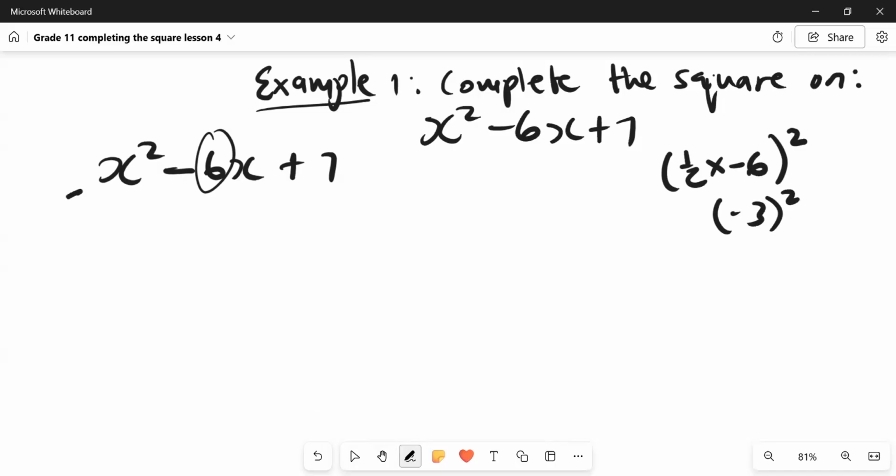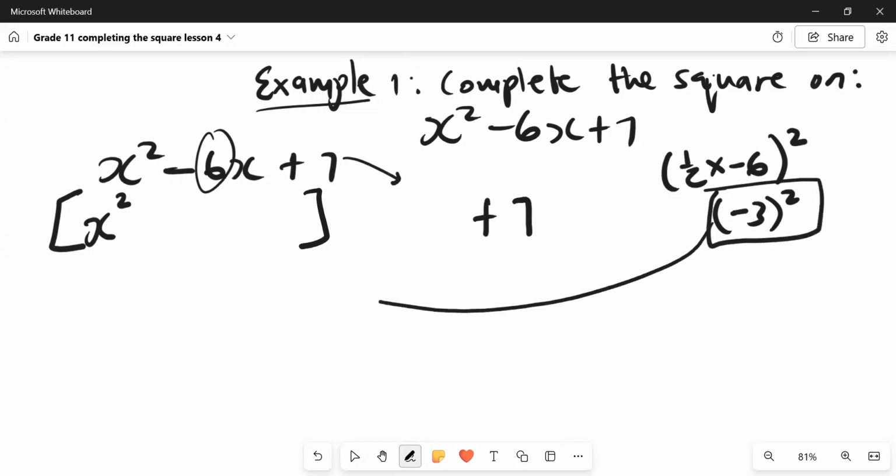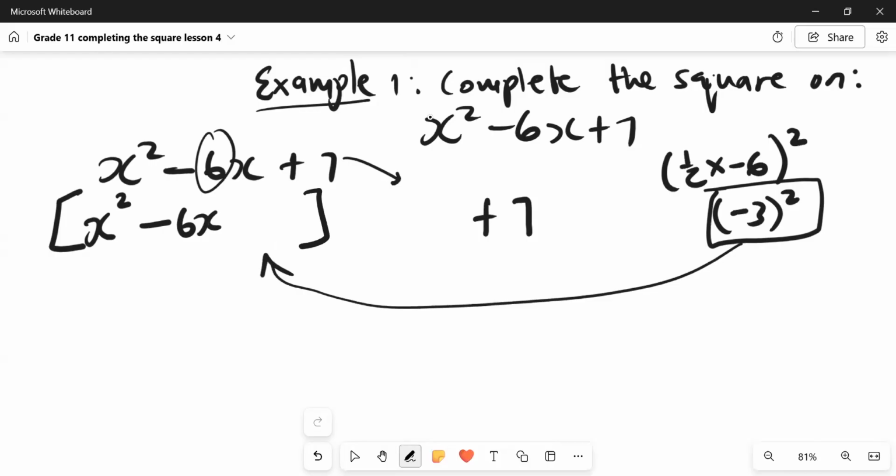And then you come back here, you open the bracket, take this 7 outside the bracket, right? So this 7 will just say plus 7 here. We have our x squared there. Let's take this back to the bracket now. Let's drop down minus 6x, and then now we're taking that negative 3.